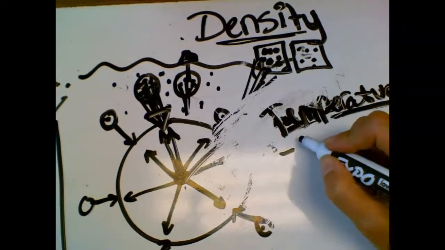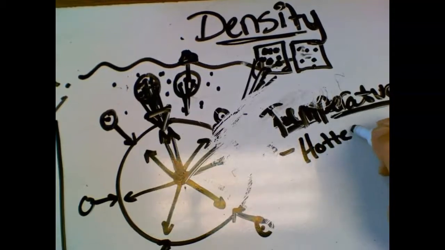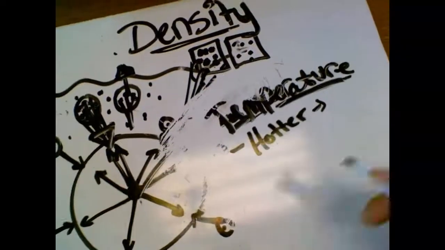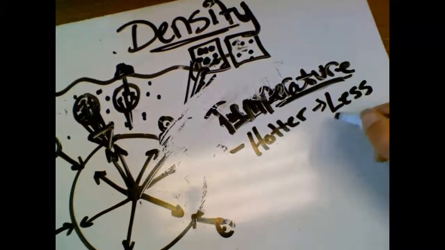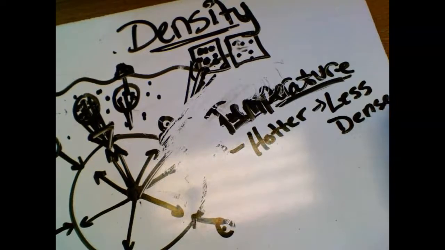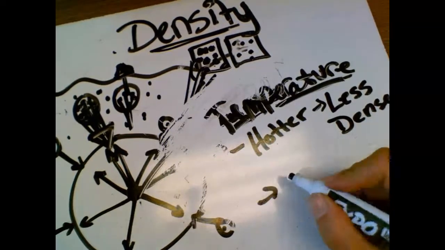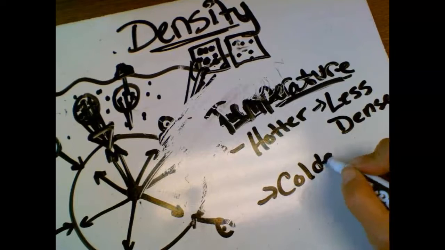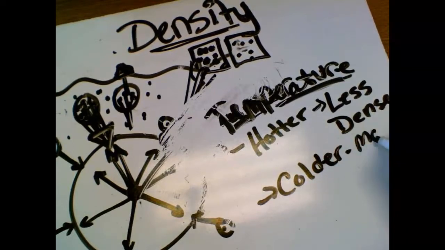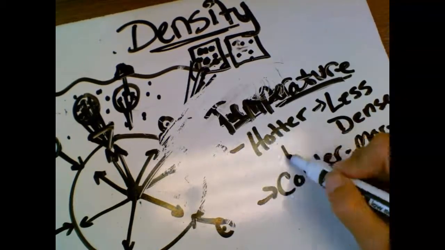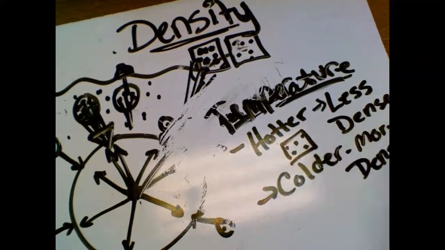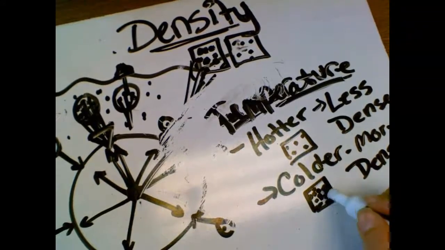When something becomes hotter, it becomes less dense, because things are more spread out, because they're hitting each other faster. And when things are colder, typically, except for some exceptions like water, they will become more dense and they will sink. Hotter, spread out. Colder, moving slower, and they are going to be closer together.